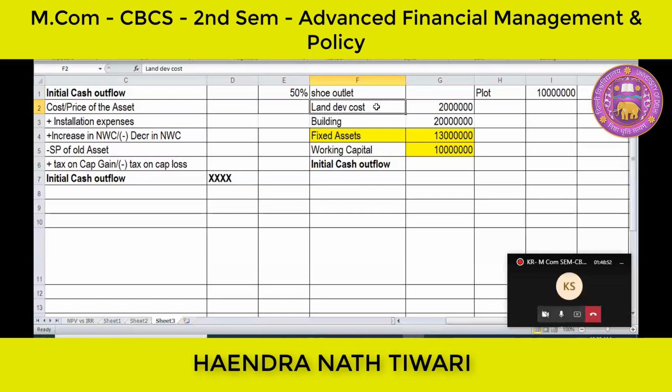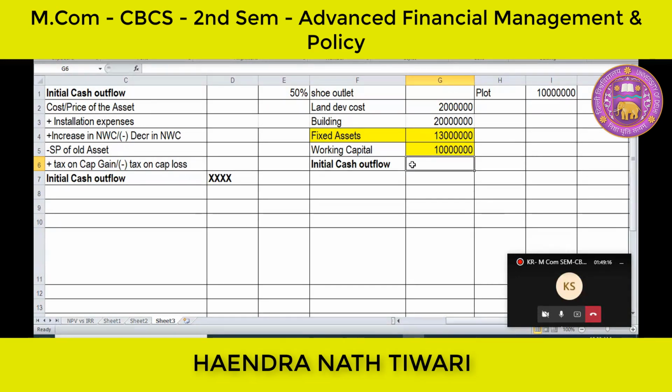That will require a land development cost of 20 lakhs. Constructing a building will require 2 crores. Fixed assets will be required by rupees 1 crore 30 lakhs. And working capital in the form of inventory and other things, the shoes and all, will require an investment of 1 crore.